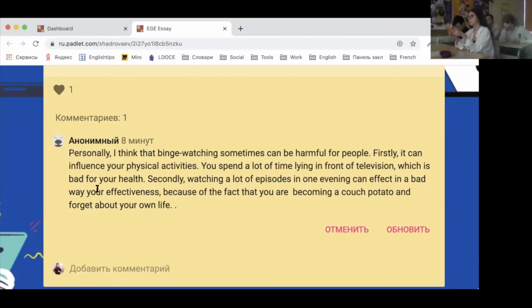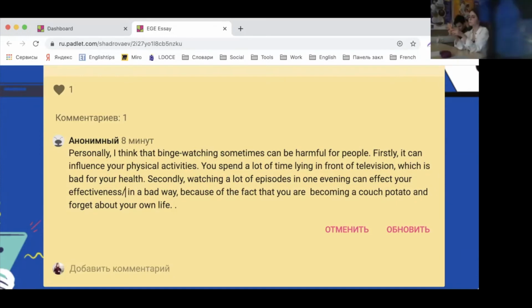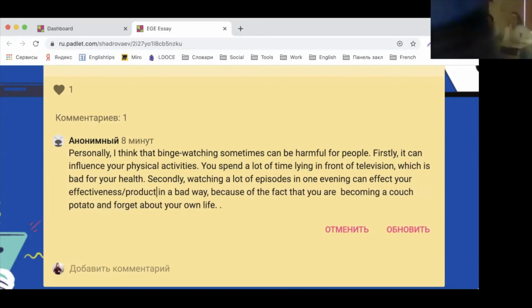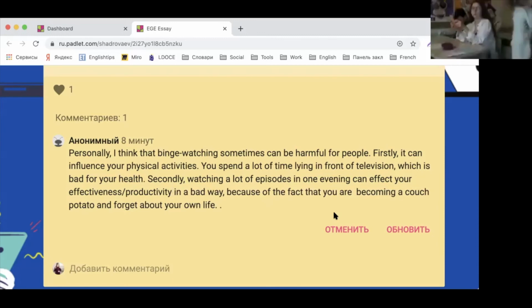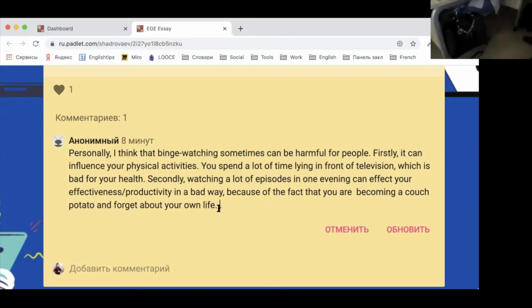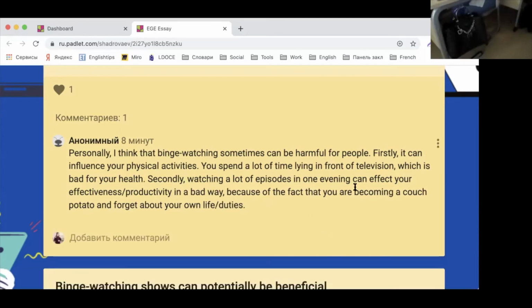And again, we have effectiveness, which probably should be closer because this is a direct object. No preposition is used. Can affect your effectiveness, actually, I think it's more called productivity rather than effectiveness, in a bad way because of the fact that you are becoming a couch potato and forget about your life or duties. Okay, also fine now, almost perfect now.